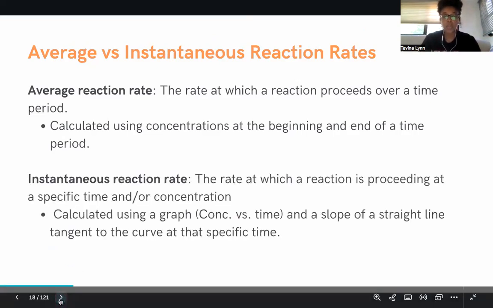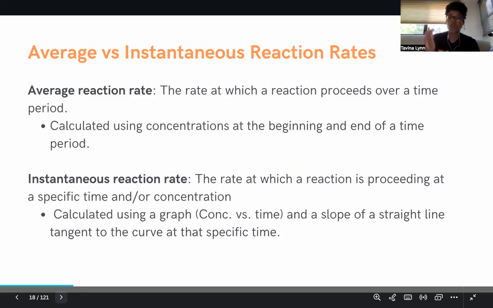Now, with an instantaneous reaction rate, this is the rate that a reaction is proceeding at a specific time or at a specific concentration or amount of reactant. We won't look at this too much in this class, but we would calculate it, right?